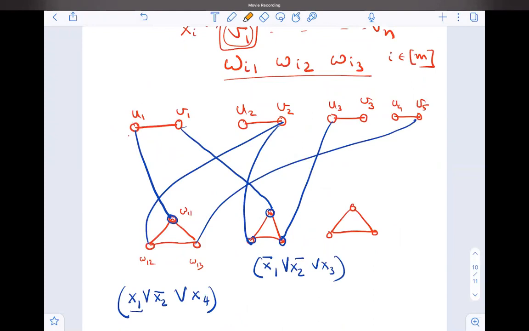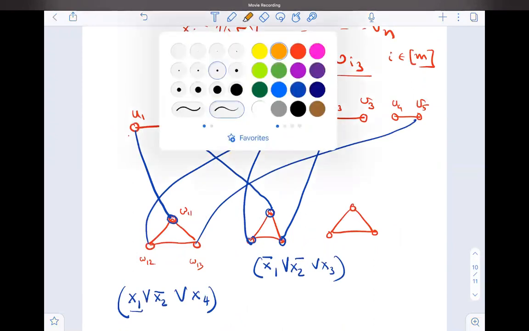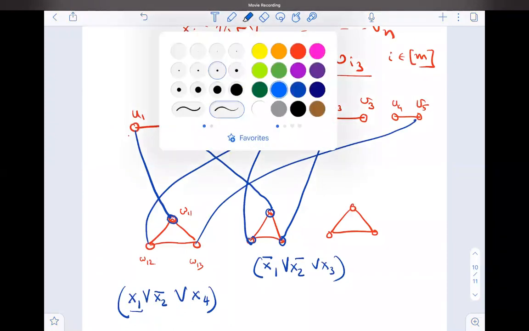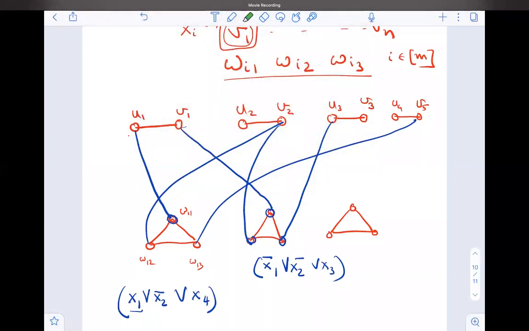In that case, consider all those vertices which are satisfied. Say here you satisfy this one, here you satisfy this, and here you satisfy this. This is the satisfying assignment of the CNF or of the SAT.